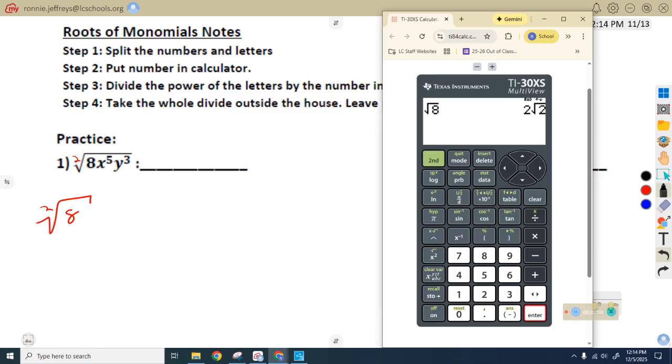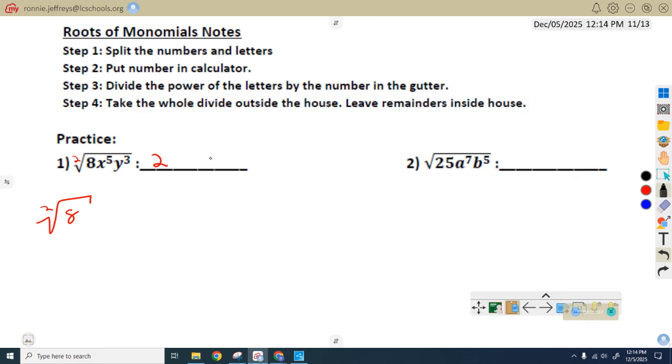We get this 2 root 2 thing. So I know I'm going to have 2 and then a root and then another 2. I left a space because we have letters that we've got to deal with.